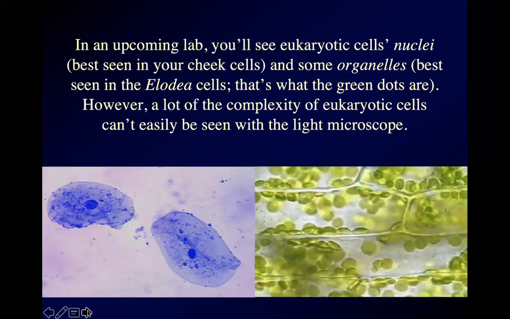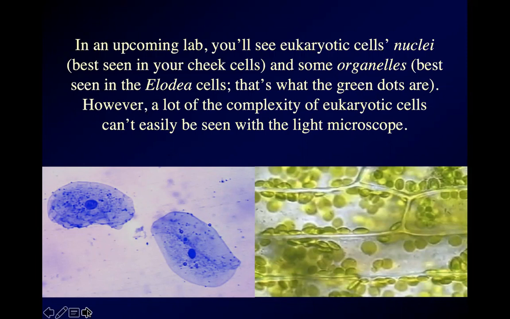You can't see them without adding special stains to bring them out. There's a lot of structures inside cells where you have to add a dye to make them easily visible because they're transparent under ordinary light. So your cells are eukaryotic. You are a eukaryote.